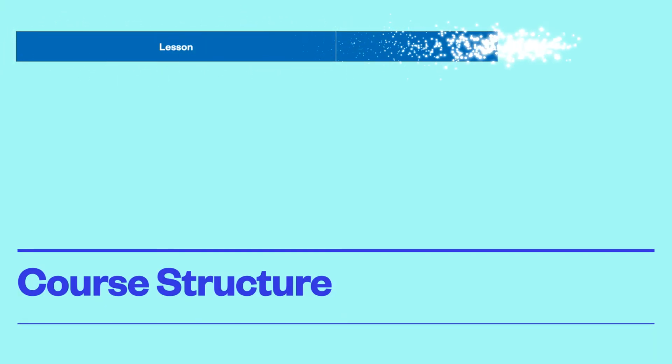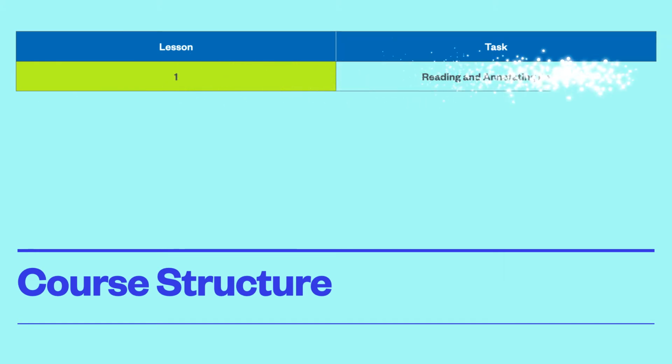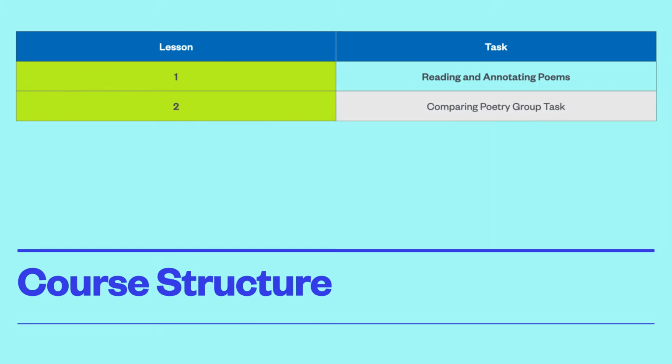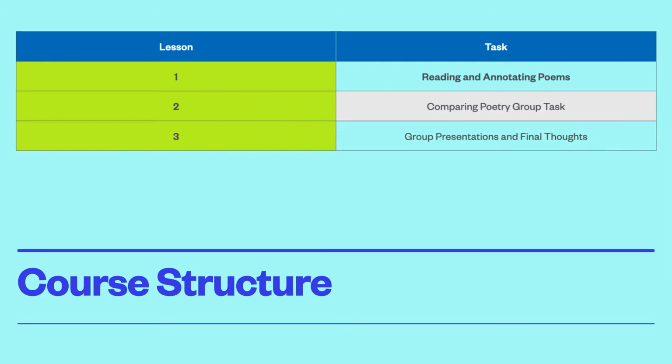The structure of this course then. Lesson 1 today is all about reading and annotating poems. That might take more than 1 period, but that's okay. Then lesson 2, you will do the preparation for your group task. Lesson 3, you will present what you found and make sure that you fully understand both the poems that you're going to be looking at.